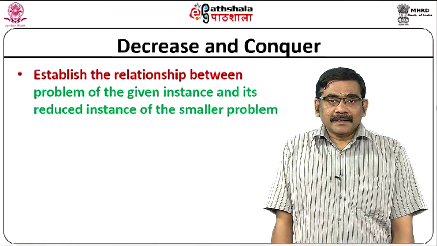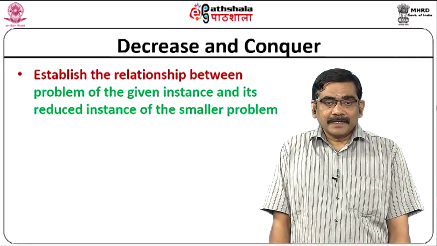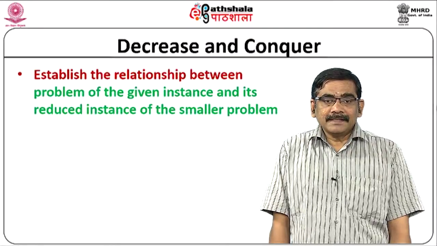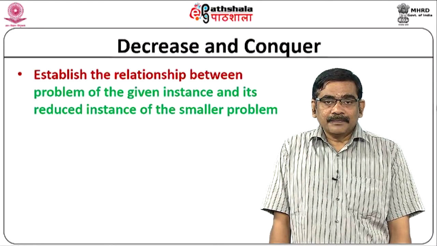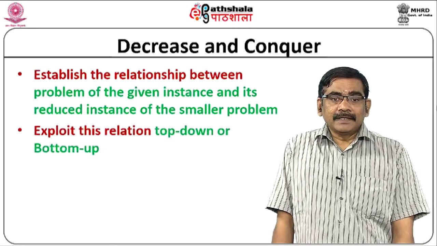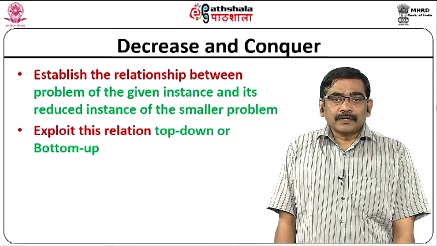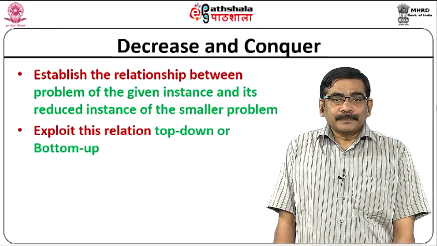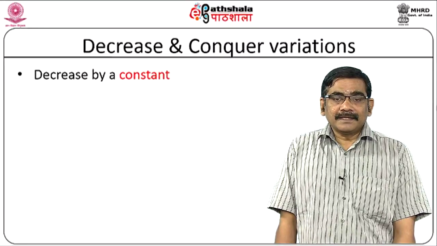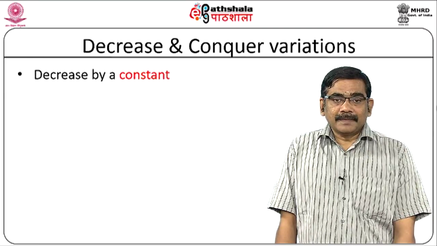As we said earlier, the decrease and conquer design paradigm is one of the most important paradigms, where we try to establish the relation between the problem of the given instance and its reduced instance of the same problem. And once this relationship is established, we exploit this relation in a top down or bottom up manner to solve the problems. We have seen that lots of variations are there, like decrease by a constant, like a power n is equal to a into a power n minus 1.